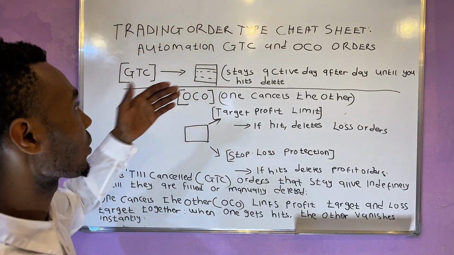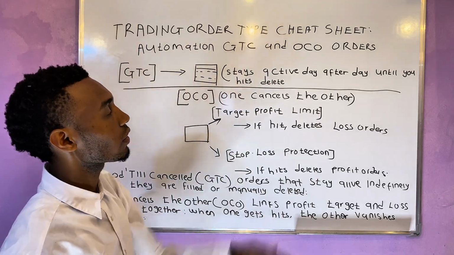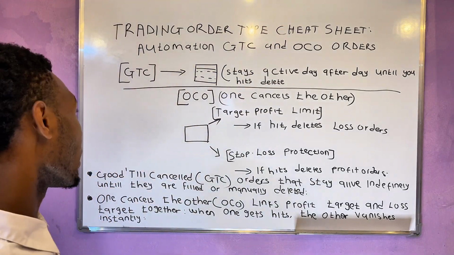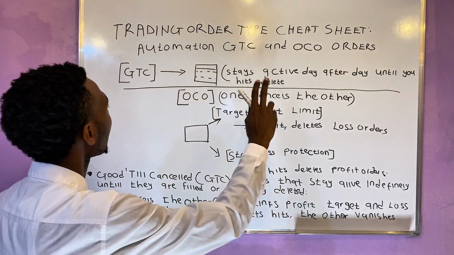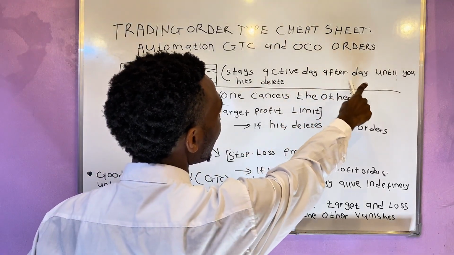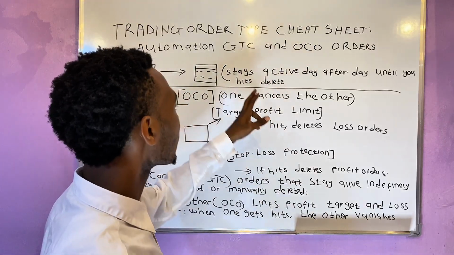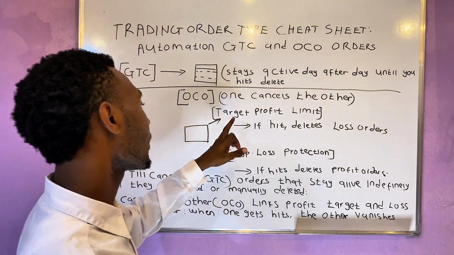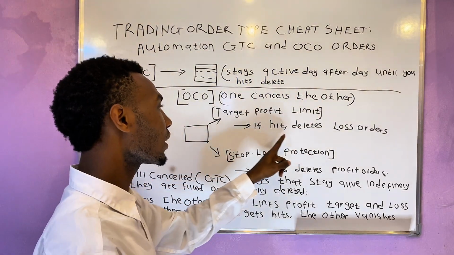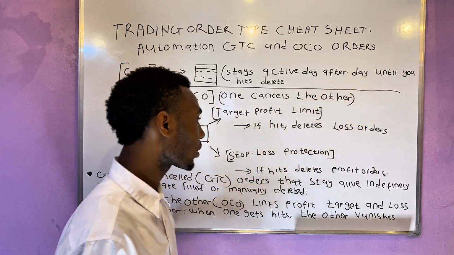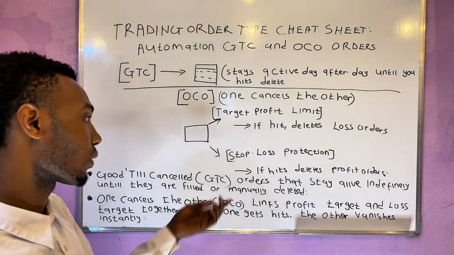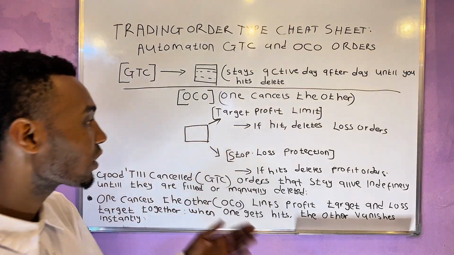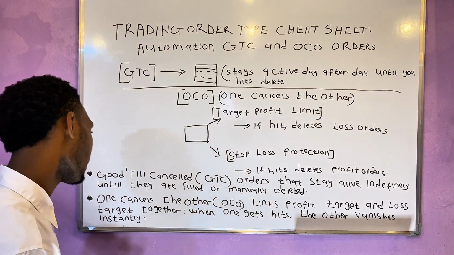Now, let us look at automation: GTC and OCO orders. GTC stays active day after day until you hit delete. OCO means one cancels the other. The profit target limit, if hit, deletes the loss order, and the stop loss protection, if hit, deletes the profit order.